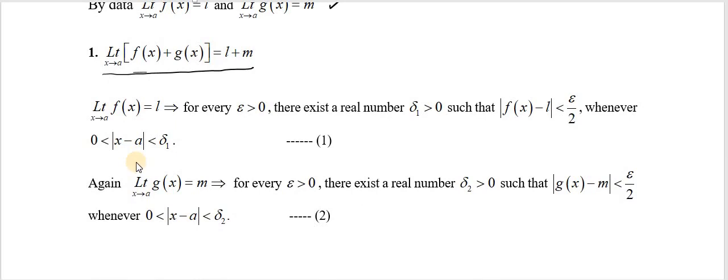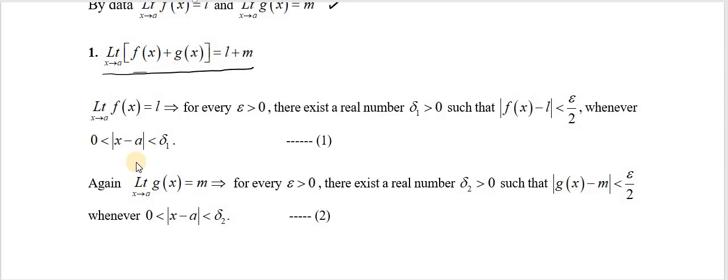Here we have limit x tends to a of f(x) equals L. This implies, by using the definition of a limit of a function, we can write for every epsilon greater than 0, there exists a real number delta 1 greater than 0 such that modulus of f(x) minus L is less than epsilon by 2 whenever 0 is less than modulus of x minus a, which is less than delta 1.